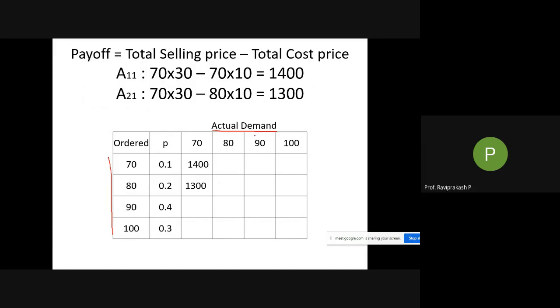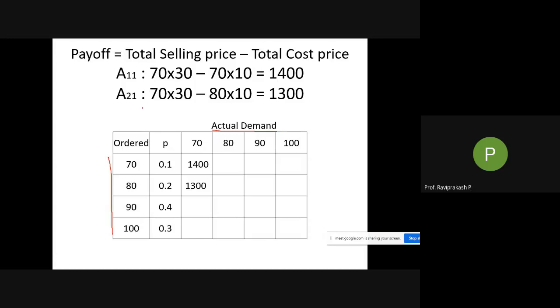Actual demand may vary from 70 to 80, 90 and 100 dozens. Again we need to find the payoff. Here there is no in thousands, so it is written directly. Payoff is total selling price minus total cost price, which is profit.